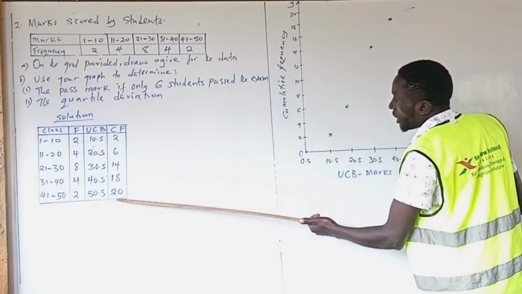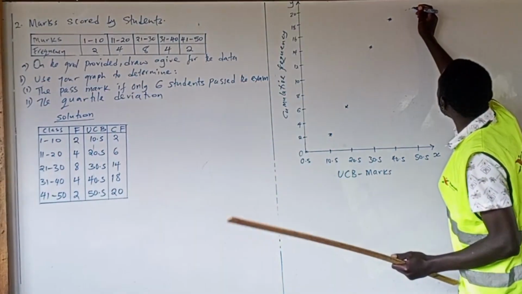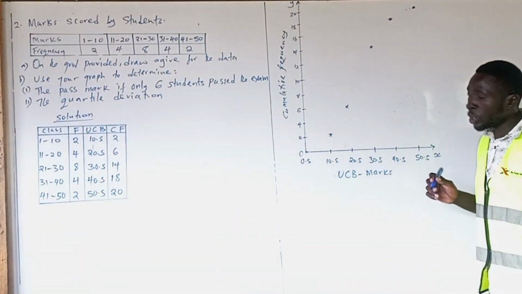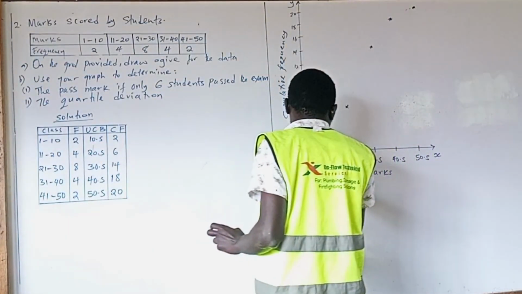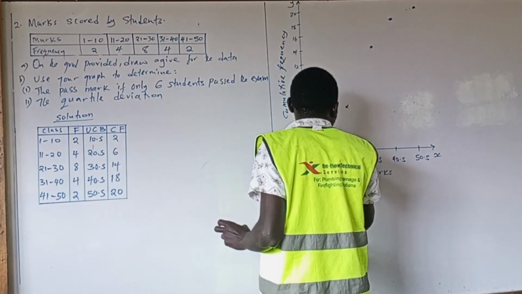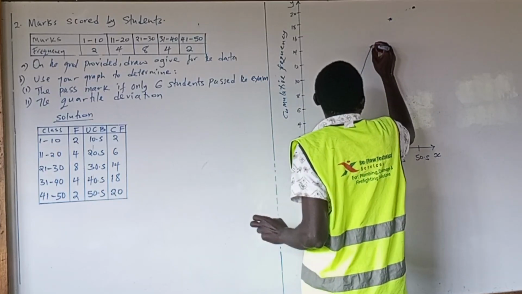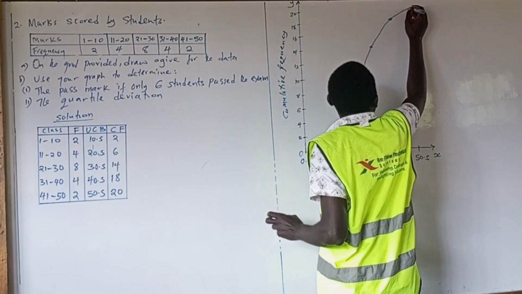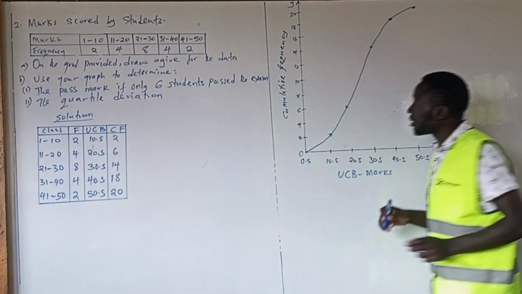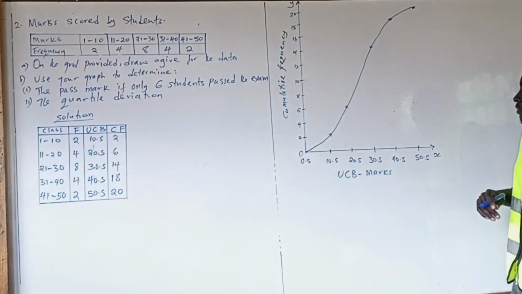The last one is 20, and it is there. Then you draw a smooth graph. Make sure that your graph is very smooth. Like that. So that is the ogive curve.